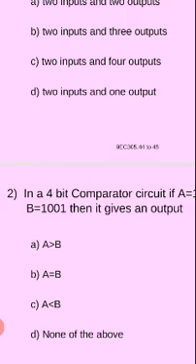Option A, A greater than B. Option B, A equal to B. Option C, A less than B. Option D, none of the above.